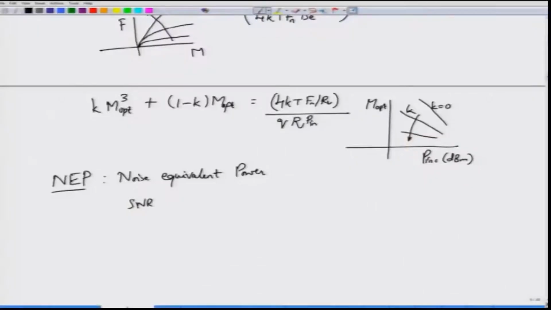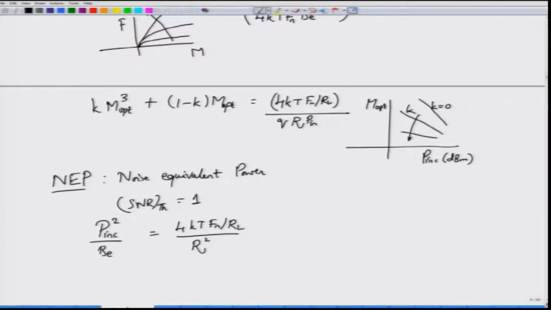This noise equivalent power can be obtained by setting the SNR in the thermal noise limit equal to 1. So, what do you get? You have the incident optical power divided by the bandwidth equal to 4kTFn/RL, which is the noise variance, divided by R square, R being the responsivity.